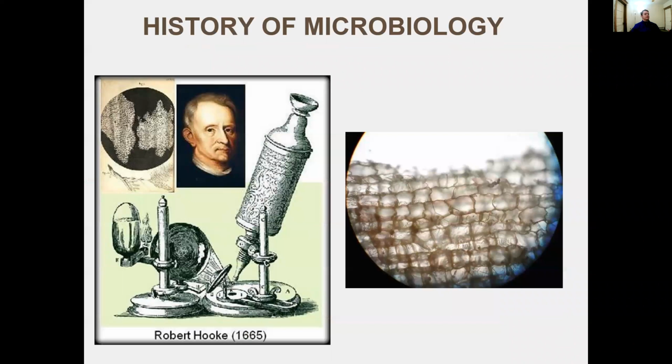The first foray into microbiology was actually done by Robert Koch, and he invented this microscope and illumination system with which he viewed many things, but most notably cells of cork, which you can see was his depiction of what he saw.